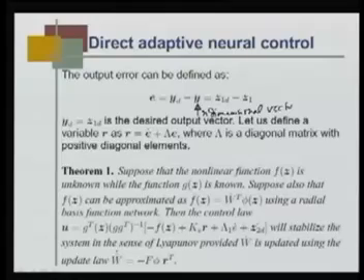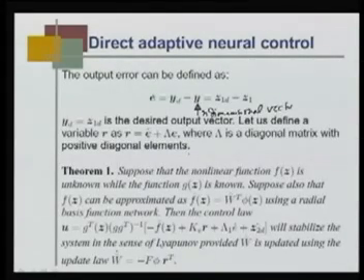So, yd is Z1d, the desired output vector. Let us define a variable R, which is again in the form of a filtered tracking error. R is E dot plus lambda E, where lambda is a diagonal matrix with positive diagonal elements.